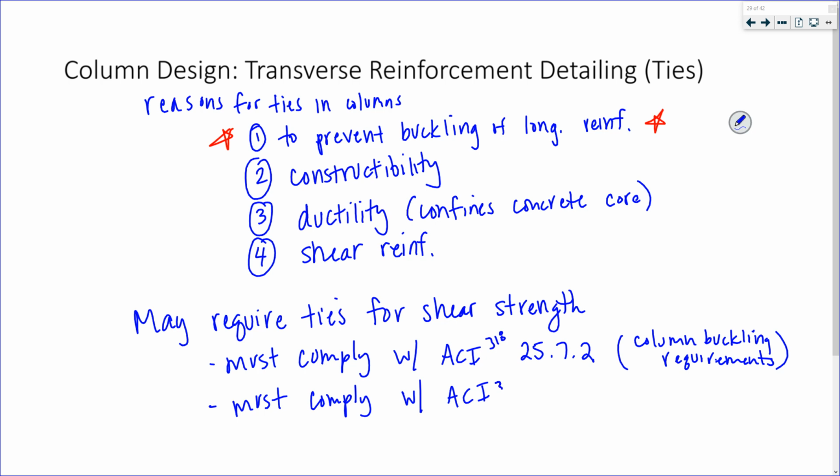I probably should have been putting that before. 10.7.6.5, which is column shear, similar to beam shear.